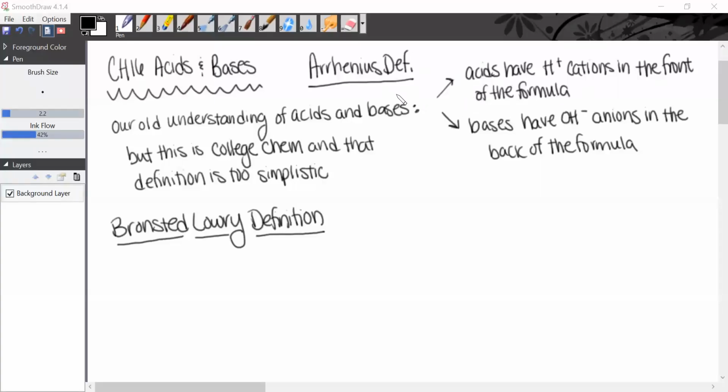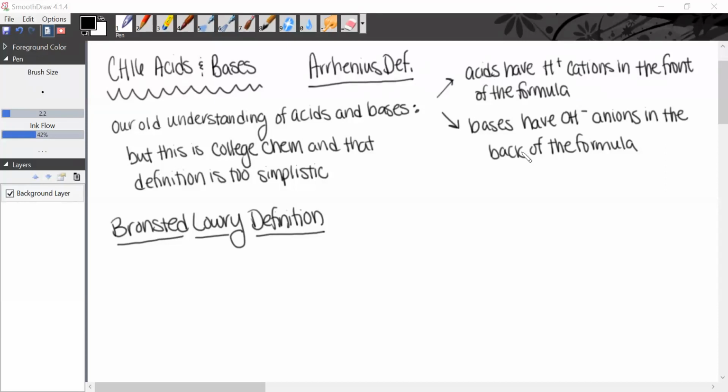So this previous working definition that we had over here on the right about acids having H plus in the front of the formula, think HCl, HC2H3O2, HF, HNO3, all of these acids, oxyacids and binary acids that we named in honors chemistry, they always had an H plus cation in the front of the formula.